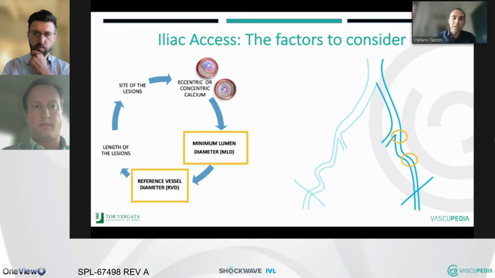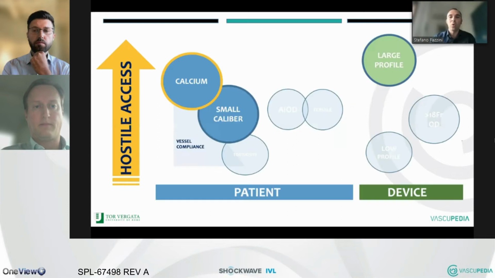In many cases, like in the case from Giacomo, we have the lesion at the aortic bifurcation, but the proximal external is very important, because the external usually is the smaller vessel. In this location we have a small vessel, not heavily calcified probably, because we can also look at worse lesions, but with a large profile.